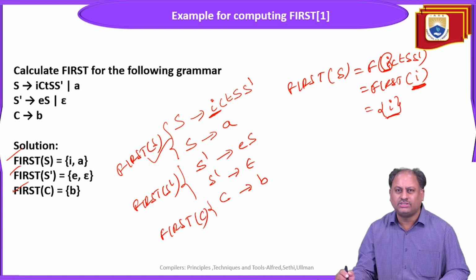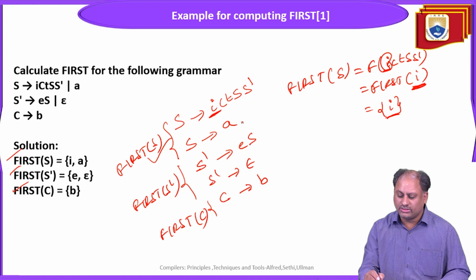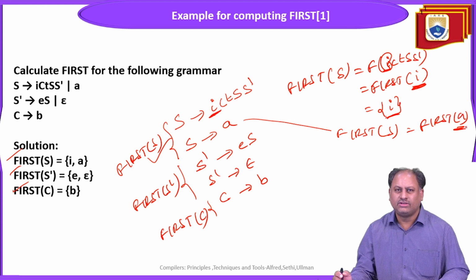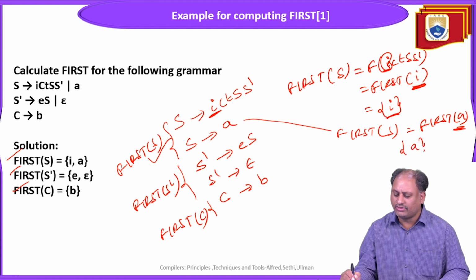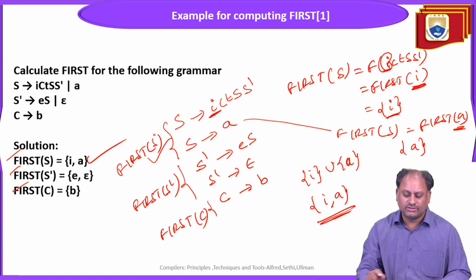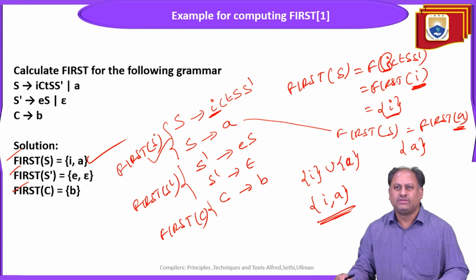For the second one, first of S is equal to first of a. Here a also comes under terminal, so directly we can include it. Combining these two cases, first of i union first of a, we get the result as i comma a. This is the computation for the first one.